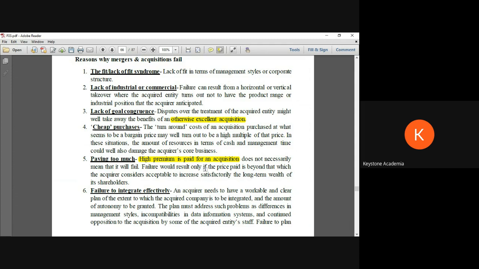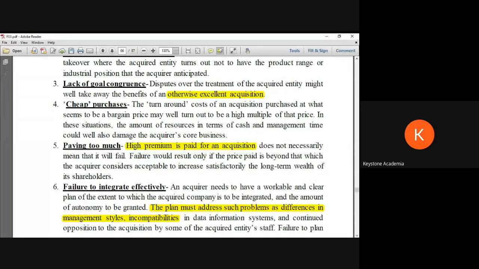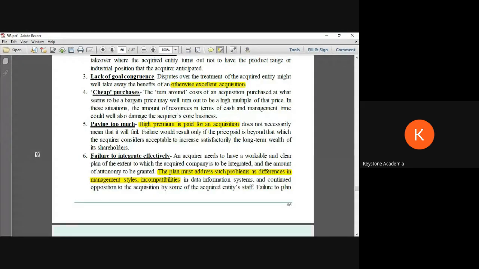Planning, we can say we have to be very proactive in the planning. Here also they have mentioned the plan must address such problems as differences in management styles, incompatibilities and everything. Or other times, to plan properly, companies will first go in as a strategic alliance or joint venture to understand the business. Then they will acquire it.